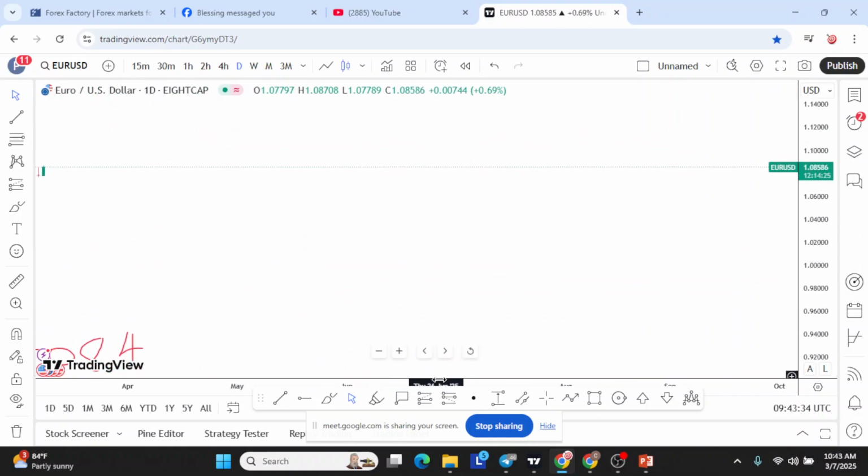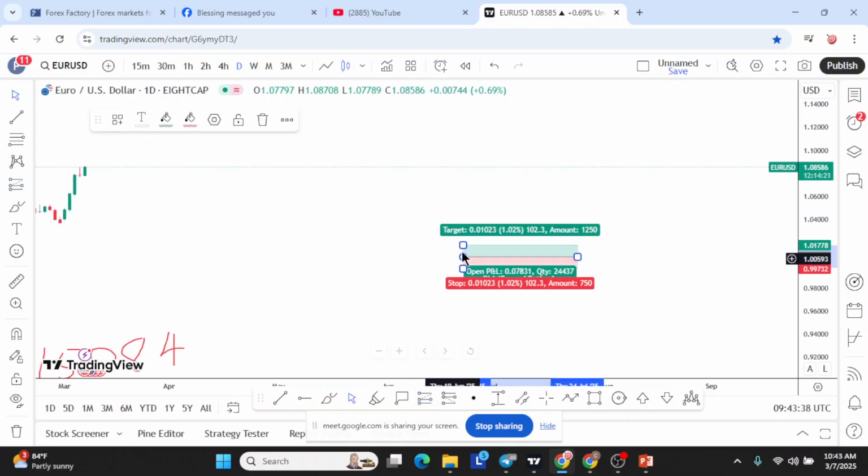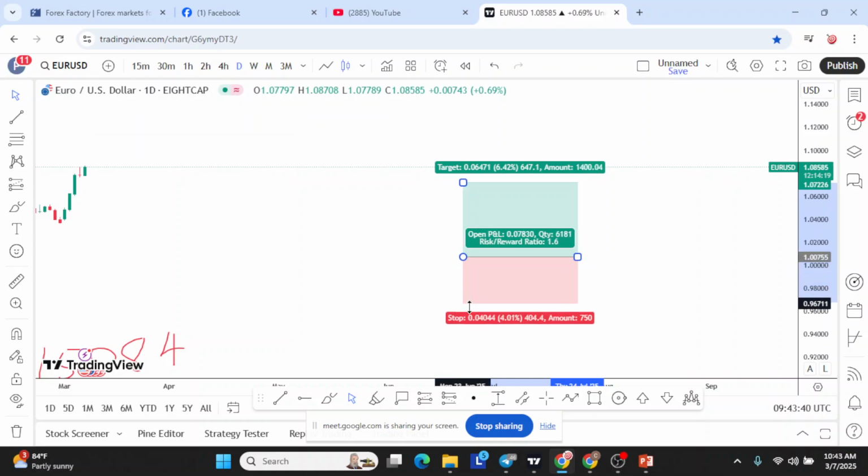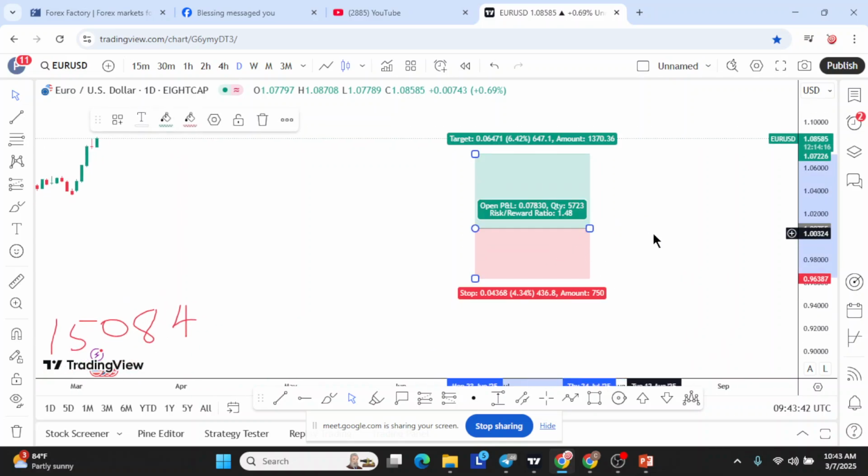So let me just show you the tool we'll be using, though you are yet to get there. You see this point where we have stop is a stop loss point, and where we have this target is the take profit target.